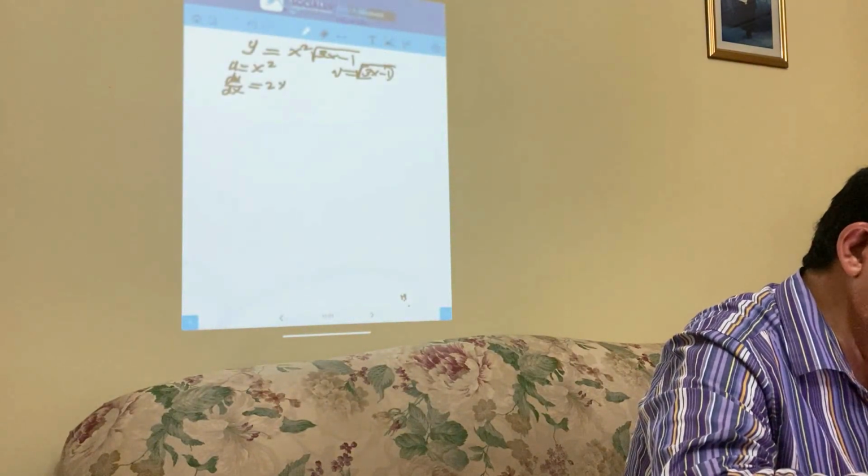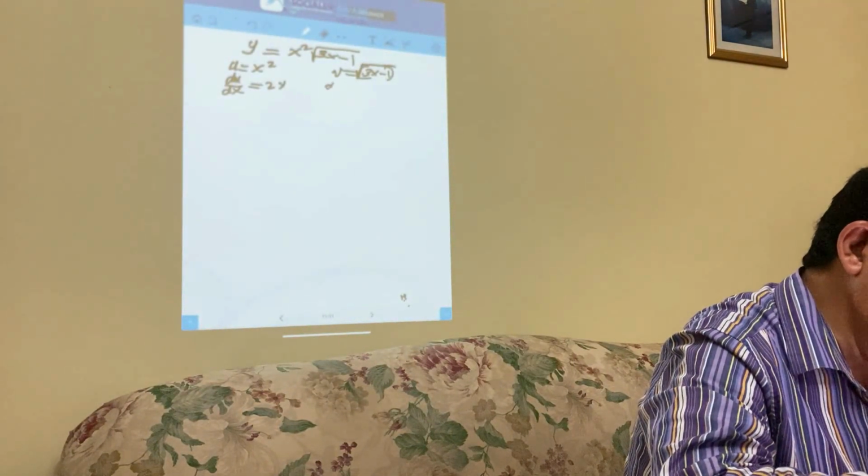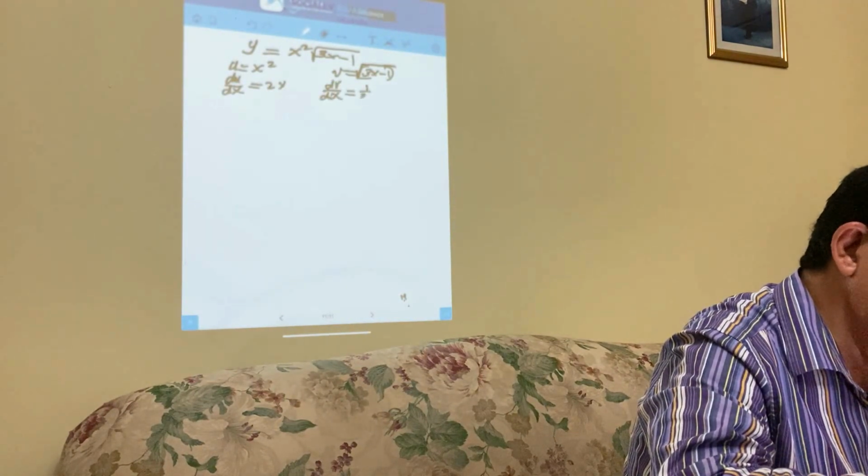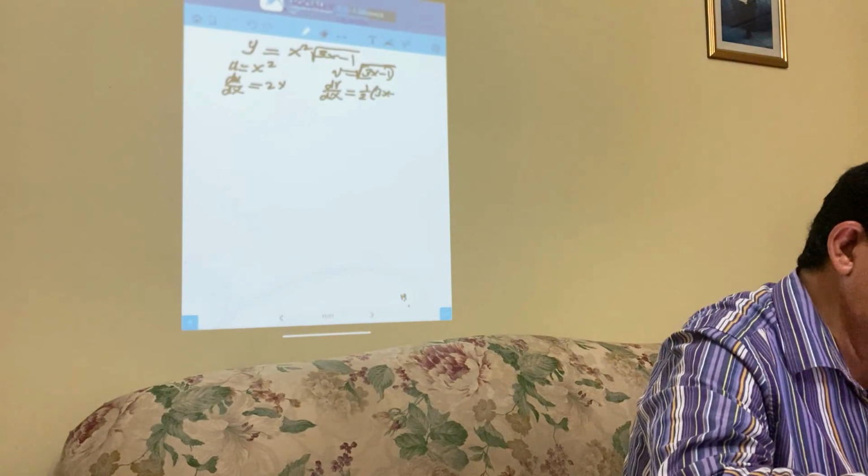Then we have dv by dx equal half times 3x minus 1 power negative half times 3.